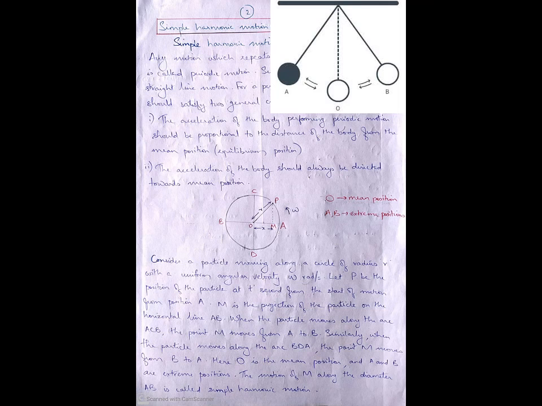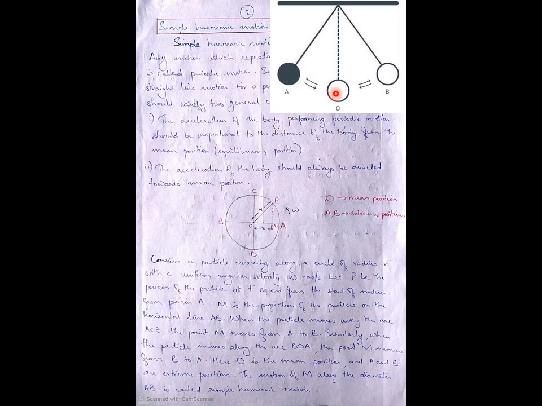From this itself we can say. We can see that here this is the extreme position as we told earlier. This is the mean position or equilibrium position, and this is the extreme position at the other side. So the first condition is, from the mean position, if you are considering any other point, let it be some points over here or here, or let it be the extreme position.